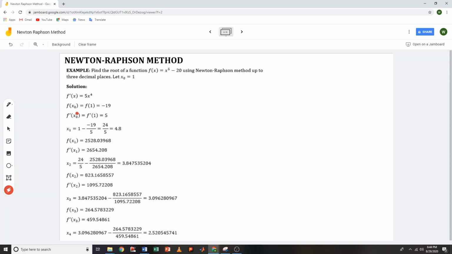If I evaluate f of x0, so I am evaluating f of 1. So I have to substitute: 1 raised to 5 minus 20, that is negative 19.